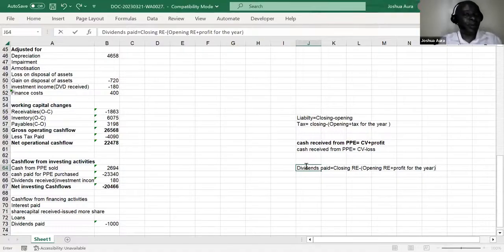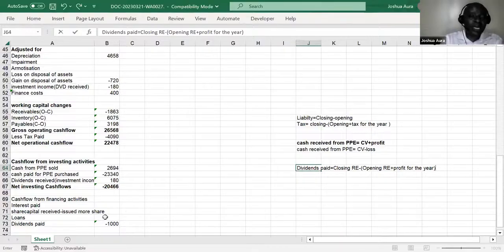This is something very important to get dividends paid. We take closing retained earnings. Don't forget the brackets, minus open brackets, opening retained earnings plus profit for the year. Then you'll be able to get these dividends paid. Now, please, let's go to the loans. Let's look at the loans.